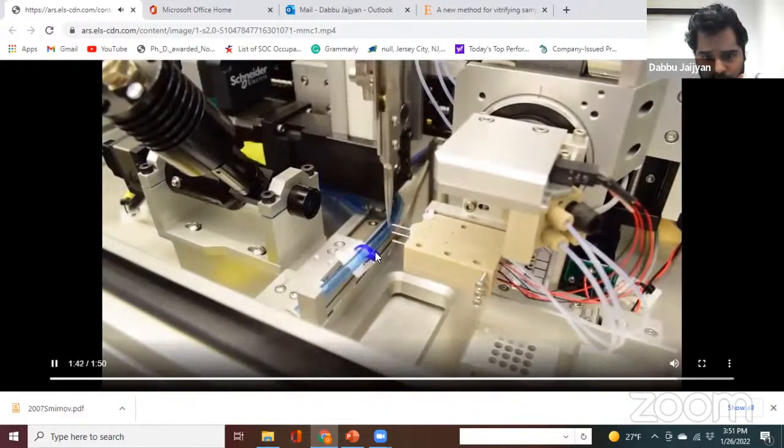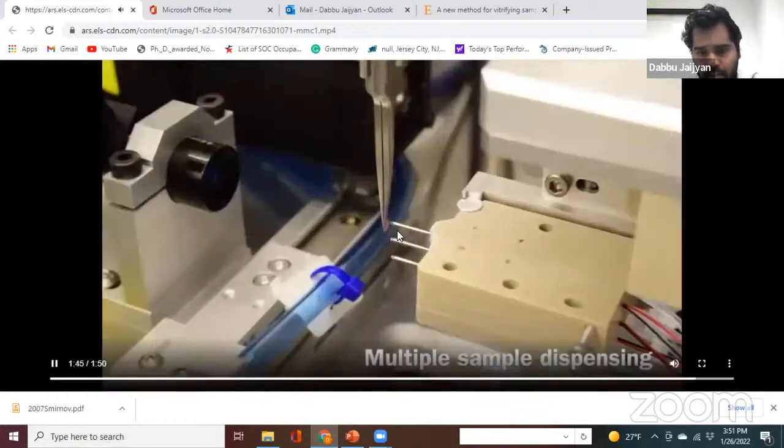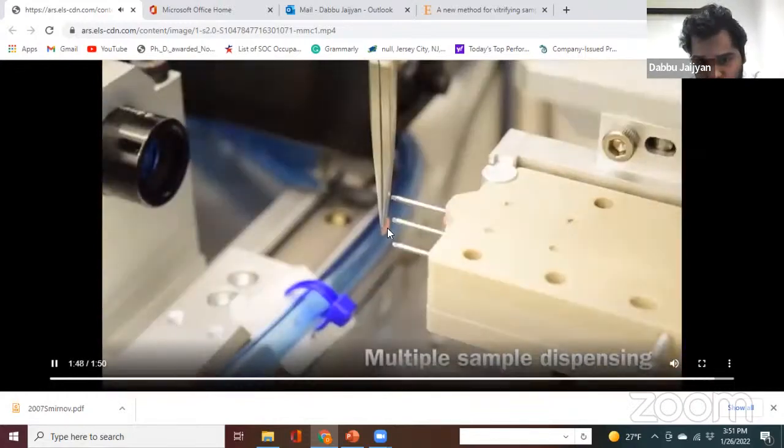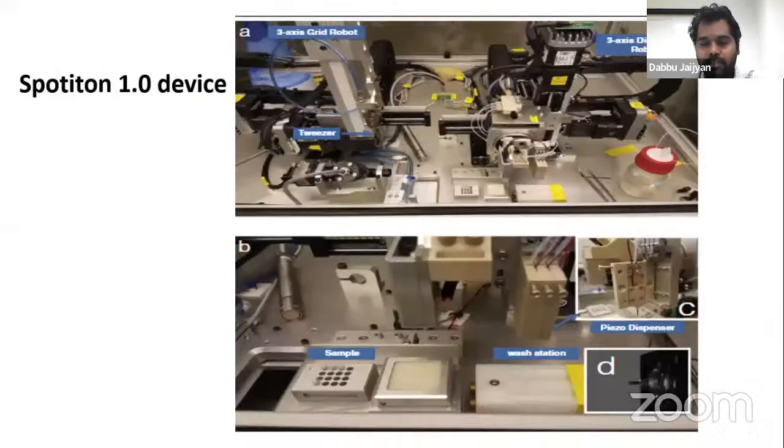And these piezo tips will very accurately load the sample, and several samples can be queued in one go. So this is how this Spotiton works. This is a completely automated device, controlled by well-designed software and hardware.